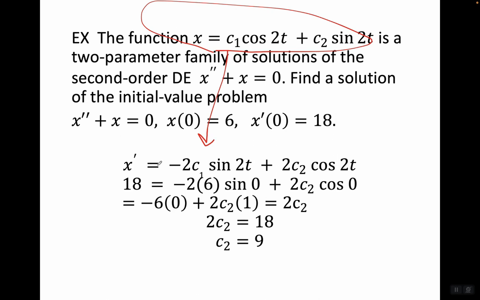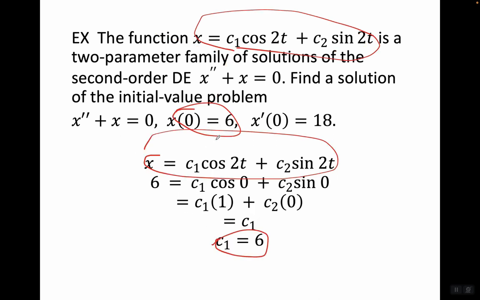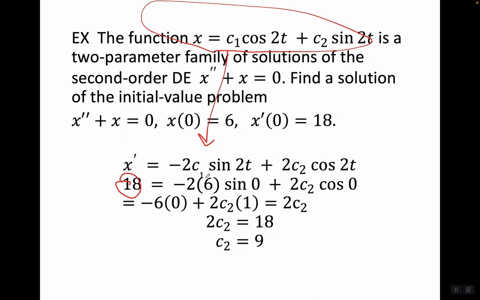In other words, it's going to be 18, again, x prime of 0 is 18, equals negative 2 times 6 sine 0, because we found earlier that c1 was 6. So we plug this in, negative 2 times c1, in other words, negative 2 times 6 sine 0 plus 2c2 cosine 0. We're just plugging in t equals 0.